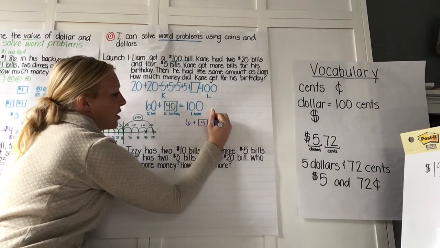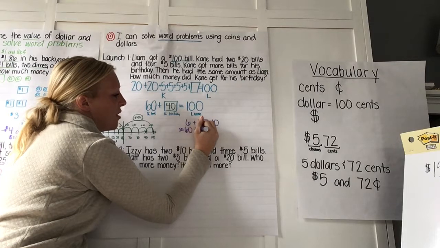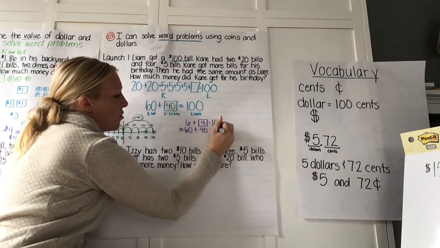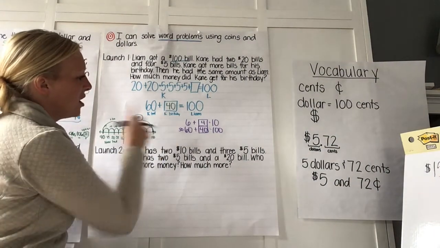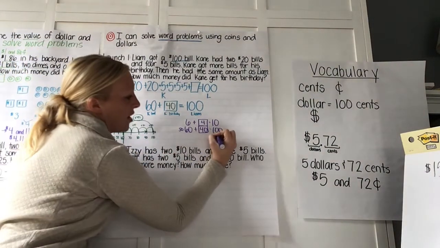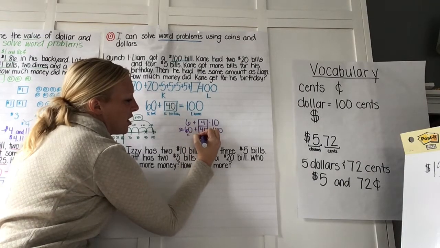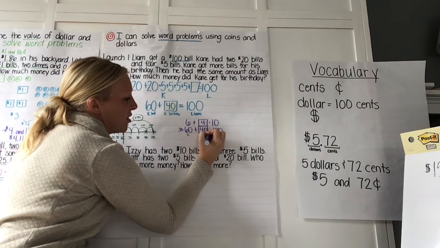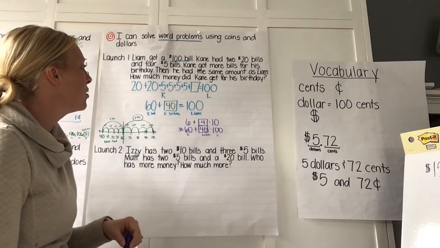You said, 6 and 4 is 10. So 60 and 40 equals 100. So then he must have gotten 40 for his birthday. There's Liam's, here's Kane's, and then that's what he got for his birthday, using those combinations we know to help us solve the ones that we don't.